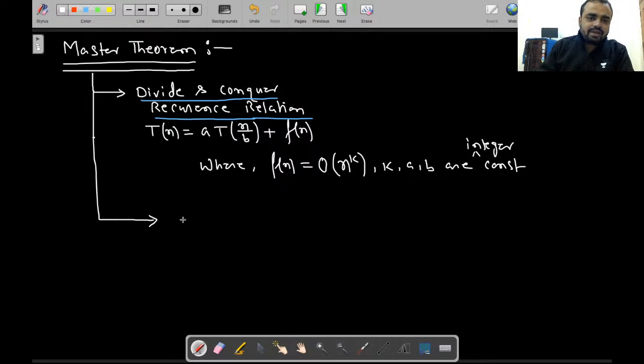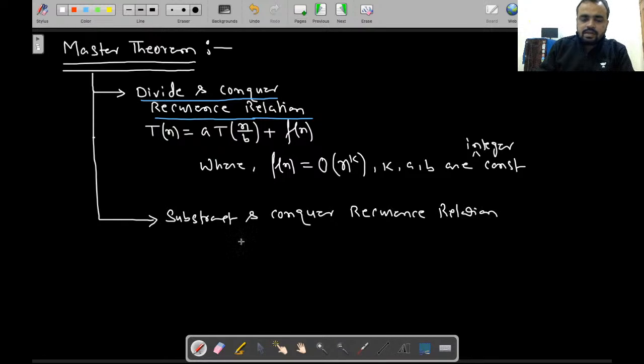The second kind of recurrence relation is subtract and conquer recurrence.